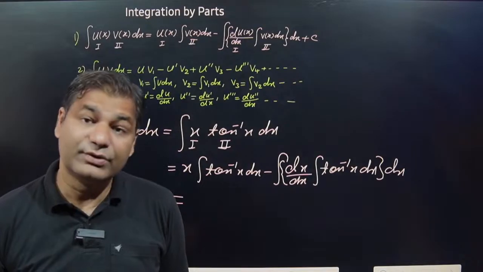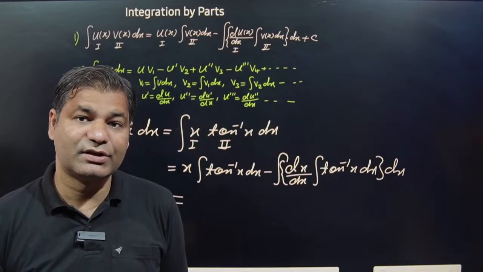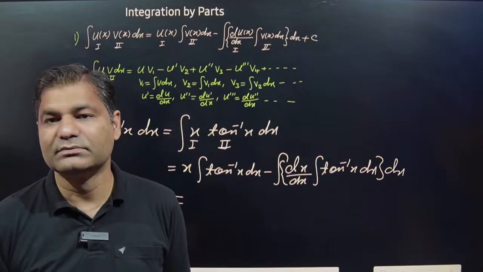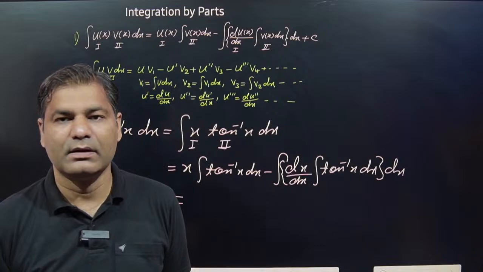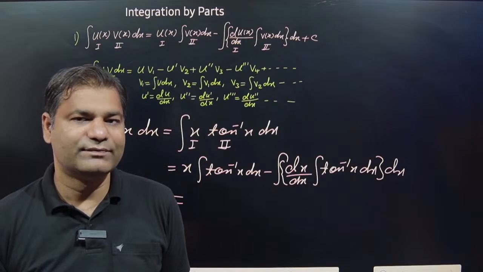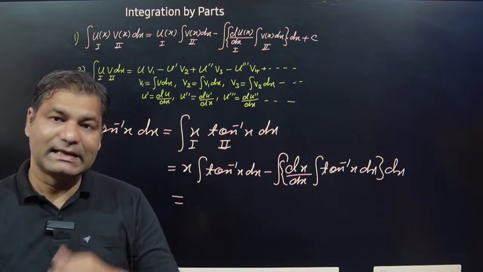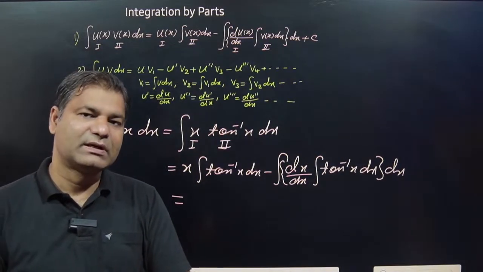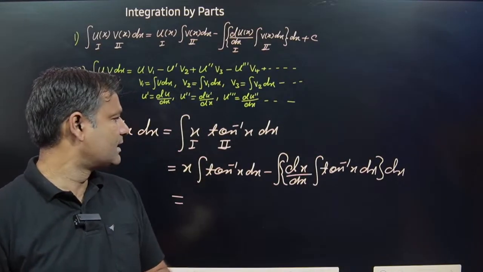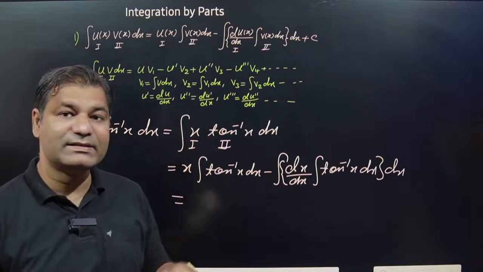But the differentiation of x is how much? 1. Clear? Now if we reverse this, tan inverse x is taken as the first function and x as the second function.